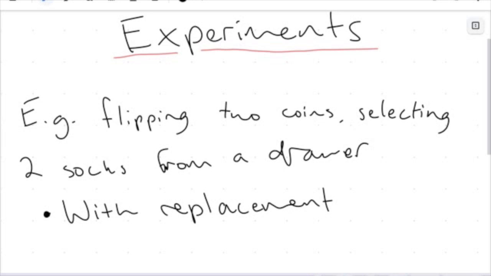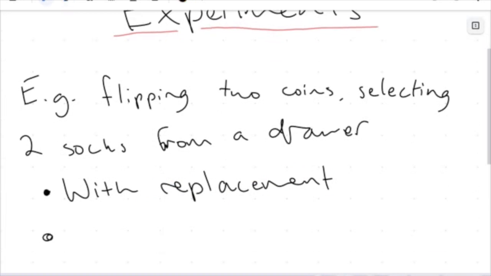So with replacement would be something like measuring the probability of one thing, say pulling a certain color ball out of a bag of balls, and then measuring that probability, putting it back in and doing it again. So we have replaced the ball. We've taken it, but then put it back in after conducting the experiment or looking at the probability.